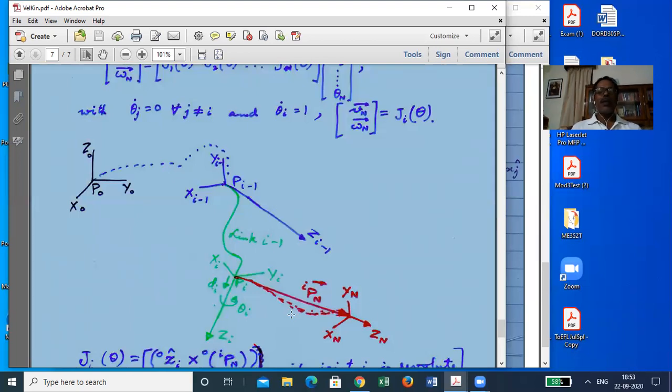So then what happens? Since from here to here all the joints are locked, these links don't move at all. They are fixed with this.